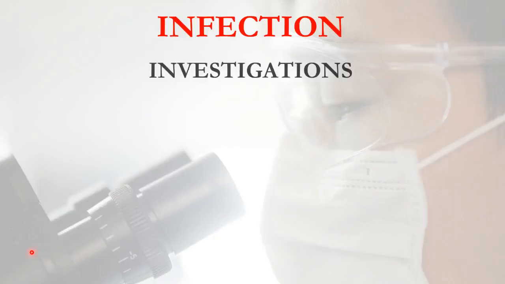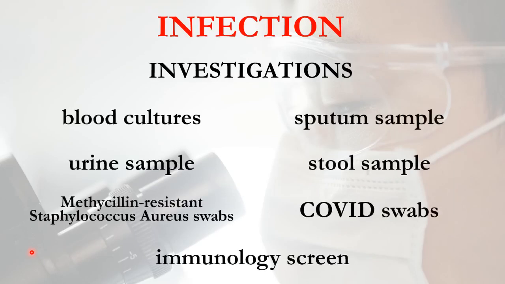And then investigations. Has one of these been sent for the patient? Maybe the patient is spiking a temperature of 38 or higher. Then we normally send blood culture, phlegm culture, urine culture to check for chest or urine infection or any form of sepsis. Stool sample if the patient's stools are loose.